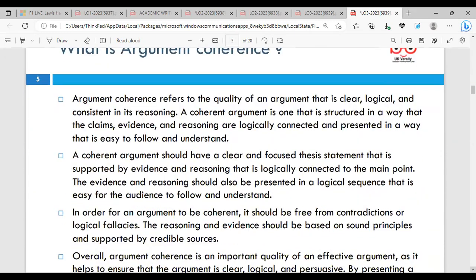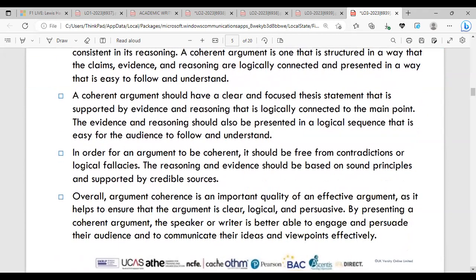So that's how we can look around. Now, argument coherence needs to be of quality. An argument needs to be clearly logical, consistent and coherent, and backed up with facts and figures, reasoning and evidence. Logically, we need to be coherent. An argument should have a clear focus and thesis statement. If you're doing research, the reasoning is logical and connects the points with your aims, objectives, the literature, the argument and the conclusion.